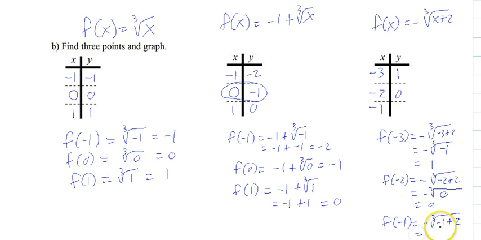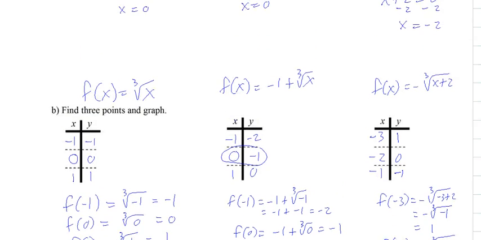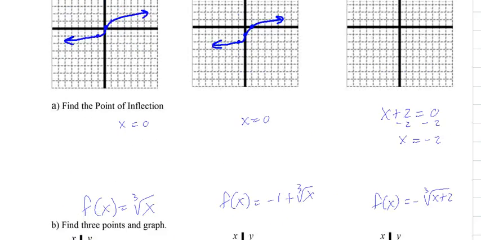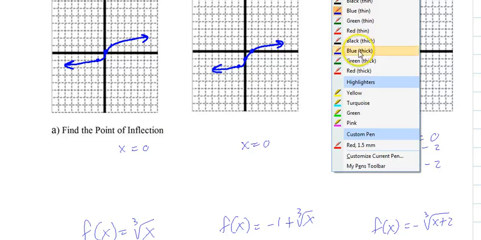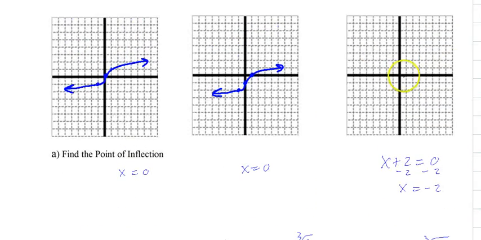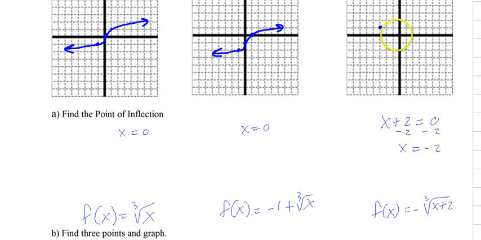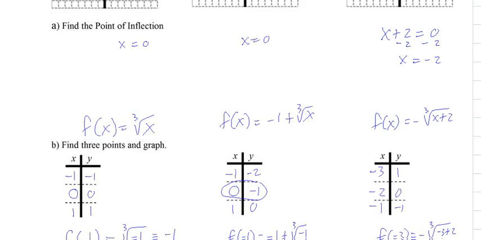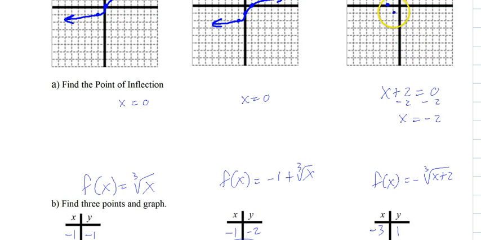And so that would be 1, so it's -1. And then we graph them. So (-3, 1), (-2, 0), and (-1, -1). So negative 3, 1. Negative 2, 0. And negative 1, negative 1.